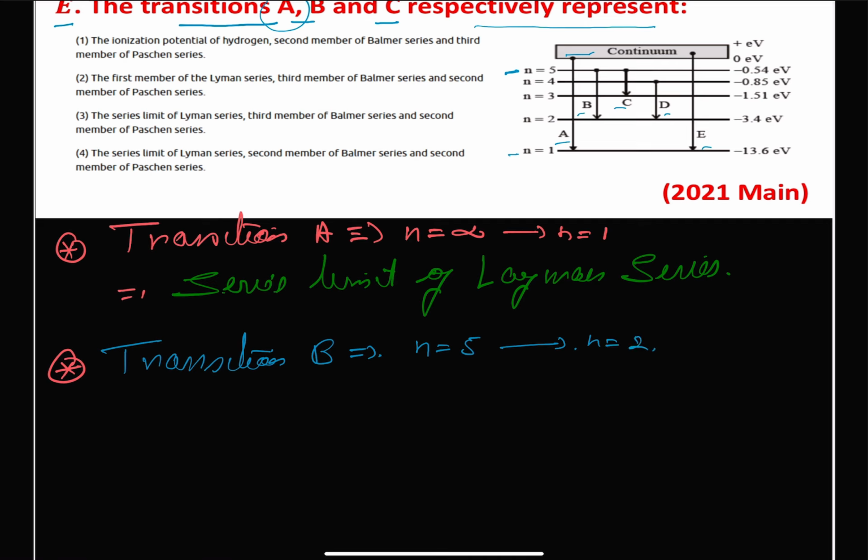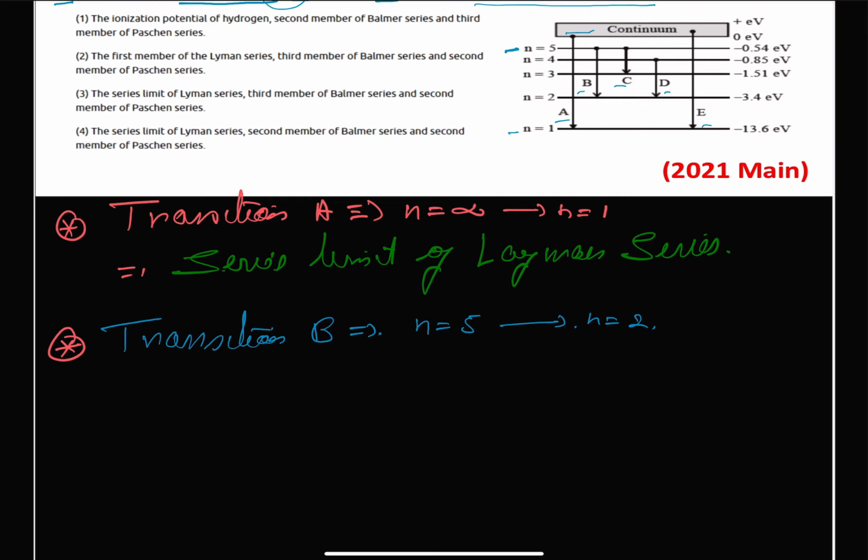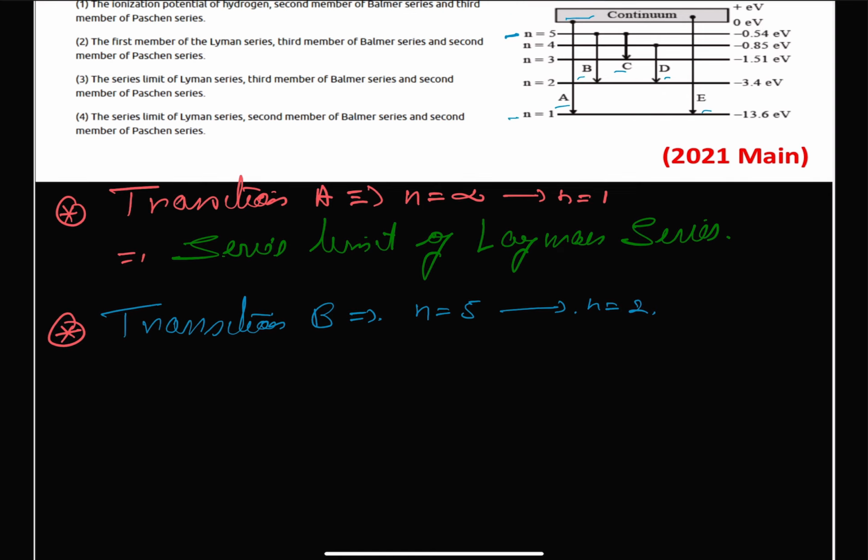This transition represents a Balmer series, and in terms of lines, we can call this the third line of Balmer series.